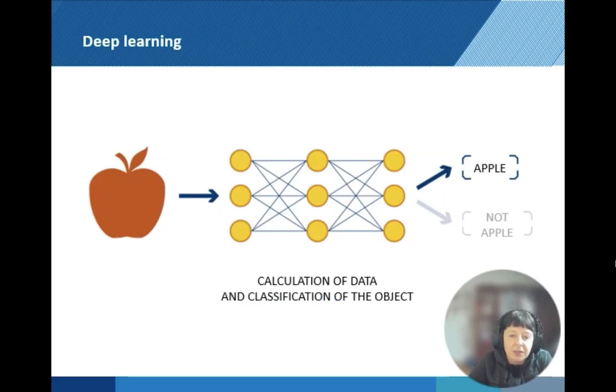This is a very simple example of an artificial neural network. If you go to any lecture on AI, most probably the lecturer will use an apple, maybe an apple and a pear, to explain this most simple neural network. So there is an image of an apple, and there is an input layer, hidden layer, output layer, and the output from evaluation by the machine is classification: an apple or not an apple, if it's a pear.